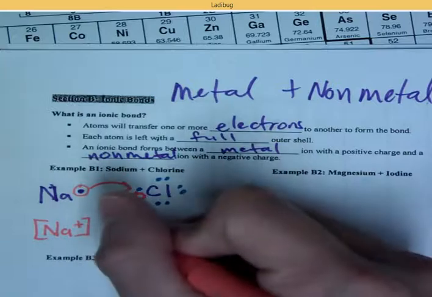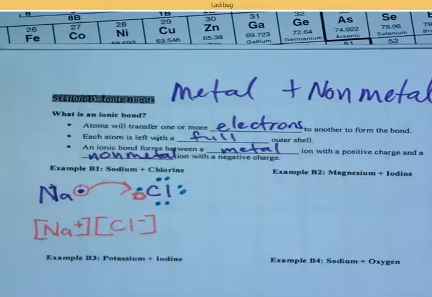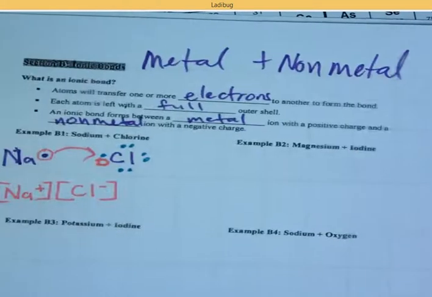Chlorine gained an electron, so you write Cl minus. Na plus, Cl minus, and this is your table salt. In the future we'll talk about what happens if we throw this in water: it splits apart into Cl minus and Na plus, and we will talk about that later.